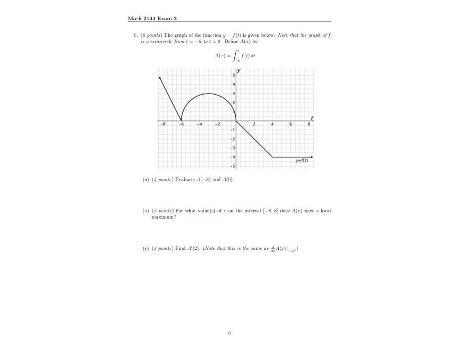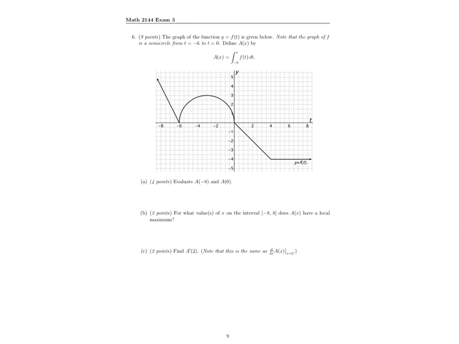All right, for the next one, we have the graph of f of t as given below. And then it just notes that that's a semicircle. We may use some geometry to do some computations here. And I want to define A of x by the integral from negative 6 to x of f of t dt. So what is A of negative 8 and A of 0?